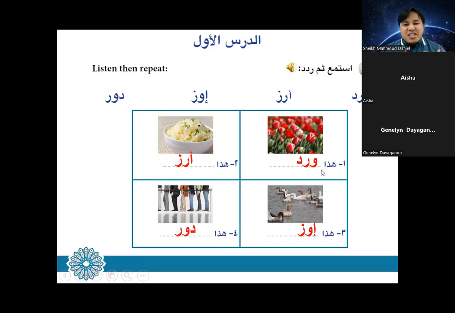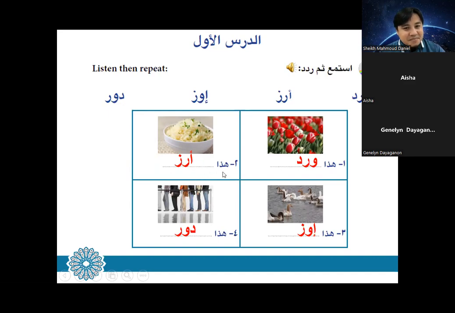Hadha wardun. What is the meaning of it? This is wardun. This is what? Flower. Don't hesitate. Hadha wardun. This is flower. Number 2. Read.